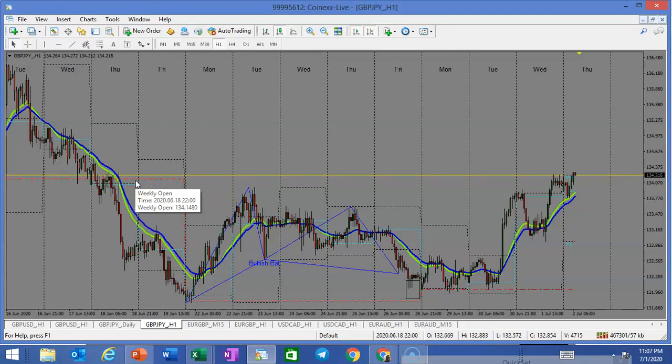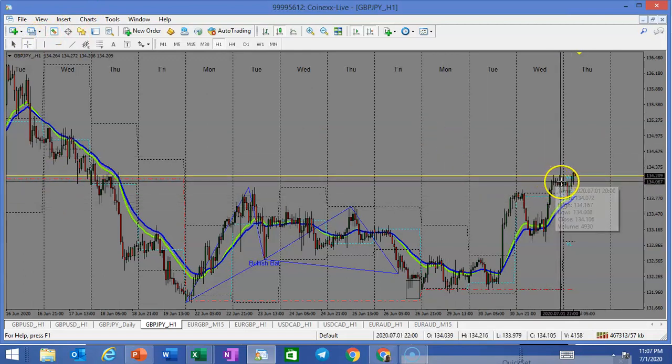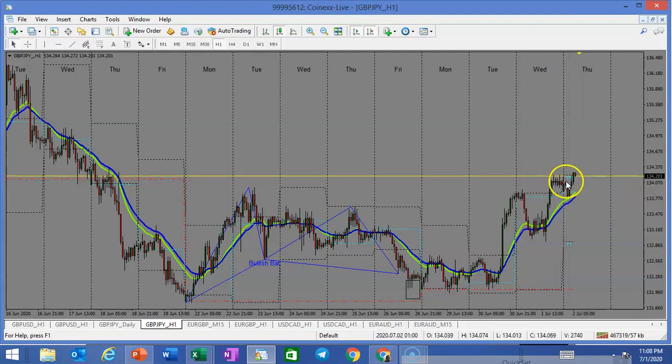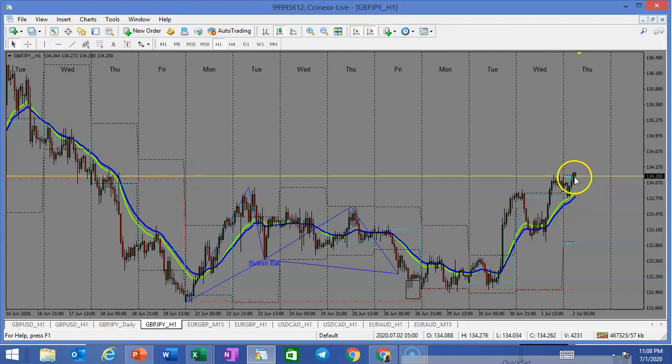So that indicates to me that price is going to continue to rise. See, price rejected this level. That's why we have the wicks here. So for 6 hours, 1, 2, 3, 4, 5, 6, it rejected that level because of the wicks. Now price has actually broken that level, so that's indicating to me that price is going to continue to go up after a retracement.